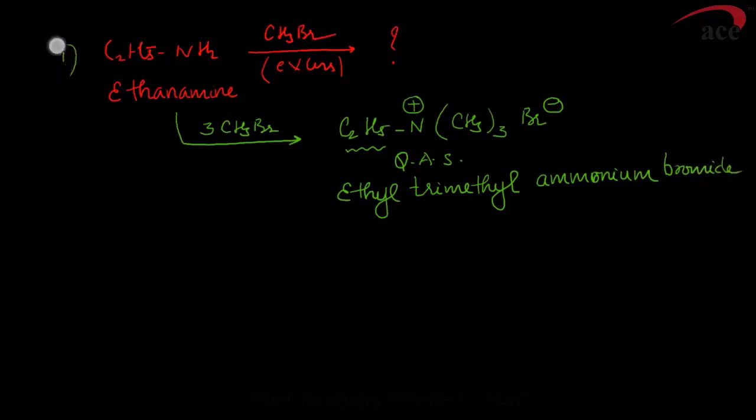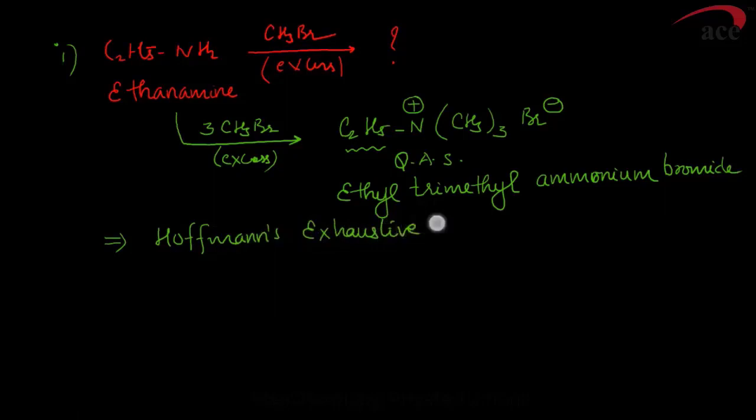Since excess of methyl bromide is used, the reaction can also be called Hoffmann's exhaustive methylation. Why? Because methyl group is used, and for methylation the corresponding reagent is methyl halide.